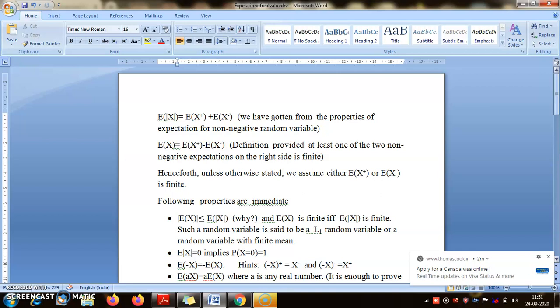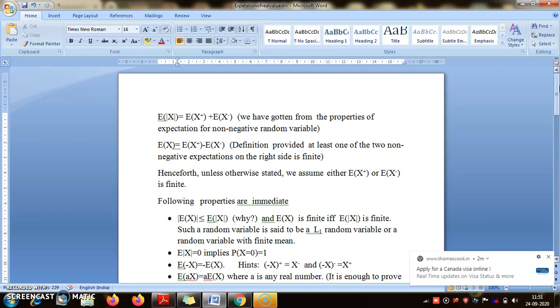Now I have told you that mod of X is what? X plus plus X minus. So it is the positive part of X plus the negative part of X. This is something we have discussed. If you have not seen that presentation, I will suggest that you please revisit it. And let us recall what was X plus. X plus was maximum of X and 0, and X minus was maximum of minus X and 0.